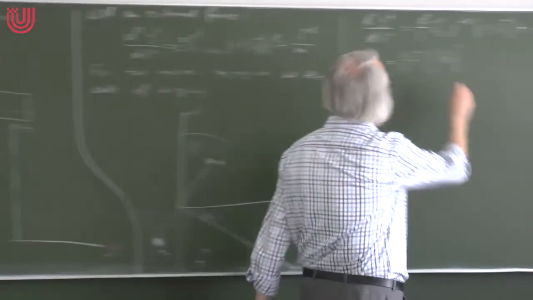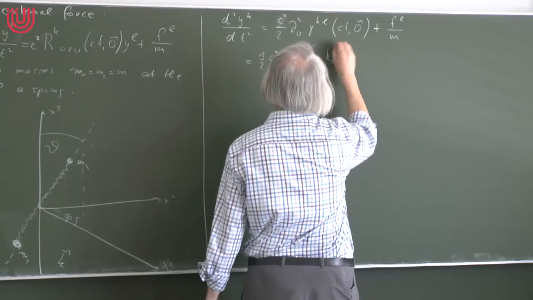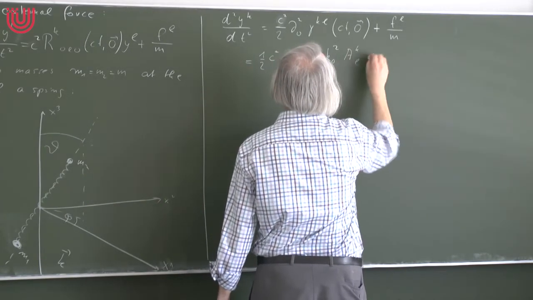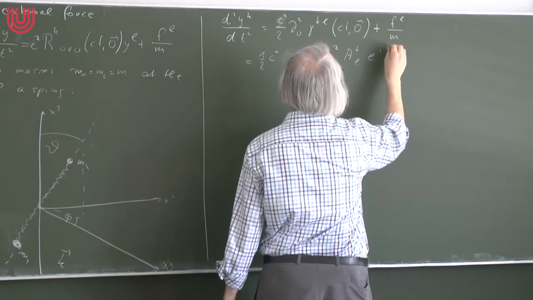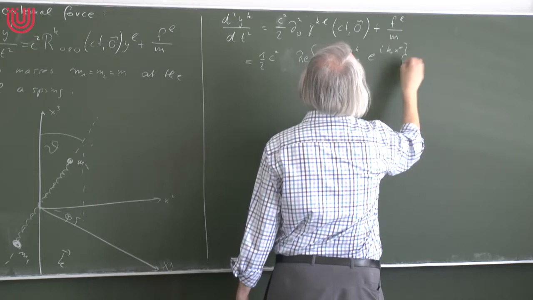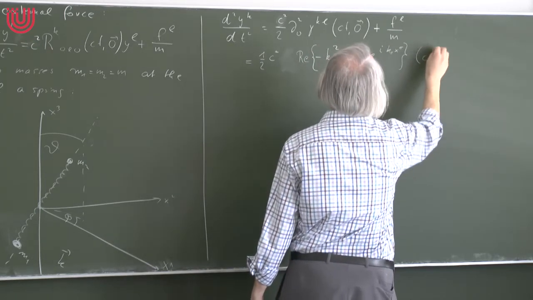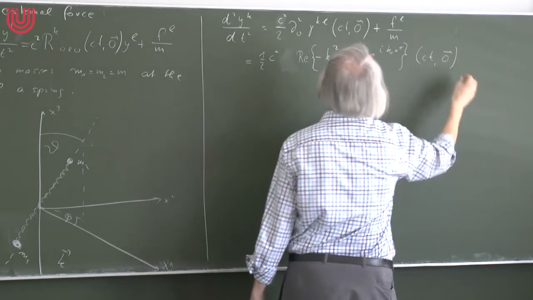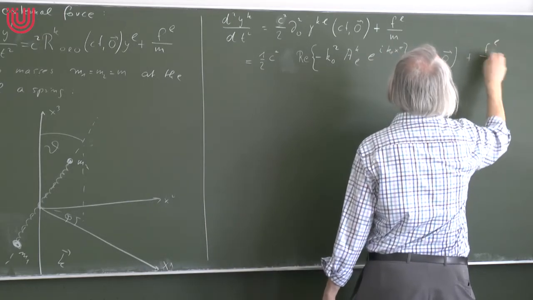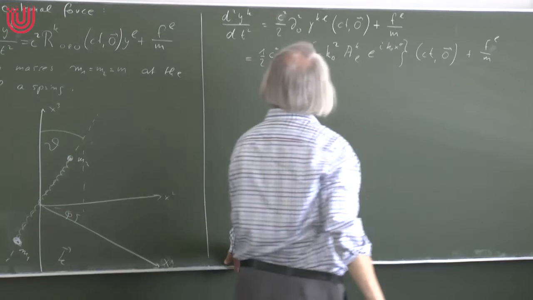I get minus k naught squared akl e to the i k sigma x sigma, and I have to evaluate this at ct0 plus fl upper L over m.